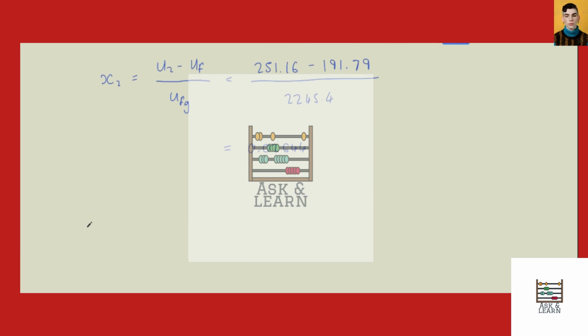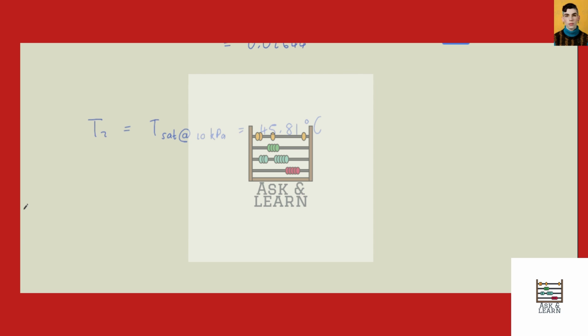And so therefore we can find T2, the temperature of the second state of the system, to be the saturation temperature at a pressure of 10 kilopascals. So we go back to our tables here and we get this temperature to be 45.81 degrees Celsius. So that's the temperature that we require.